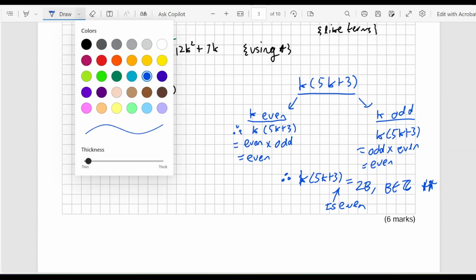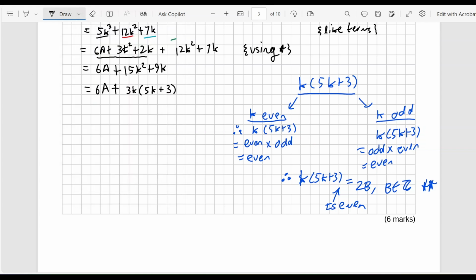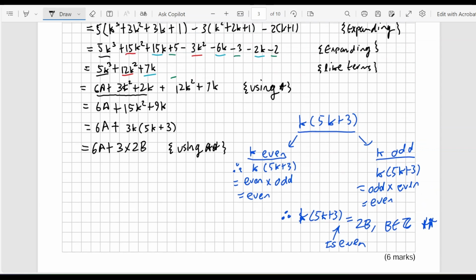But essentially, here we can now replace this 3 times 2b. Now this is using double star. All right, cool.